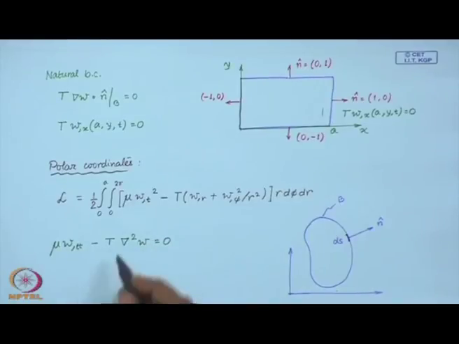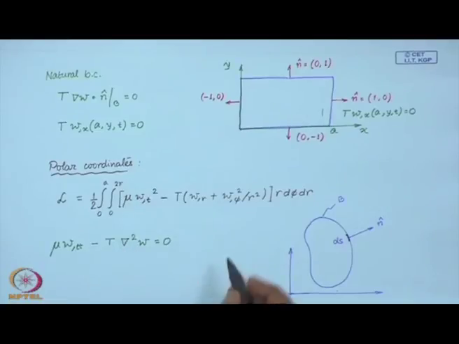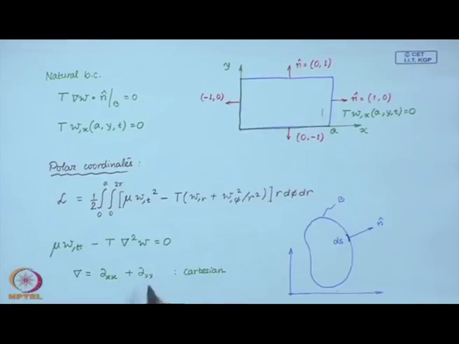So, corresponding to, for example, the Cartesian coordinates, this is nothing but this, and for the polar coordinates, this.